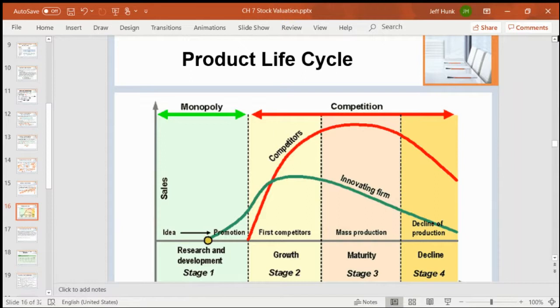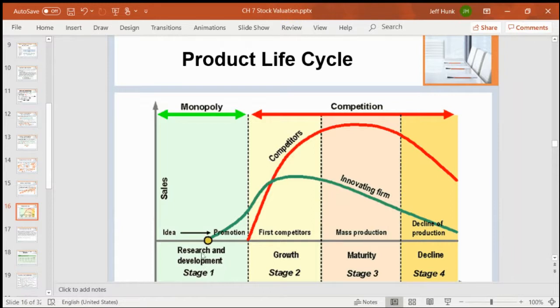So now let's think about it. What product life cycle means is that products are all born through research and development, R&D, right? An innovative product is born as a result of R&D.